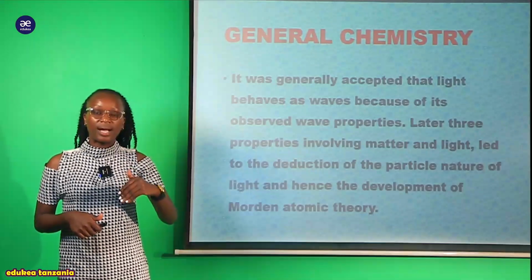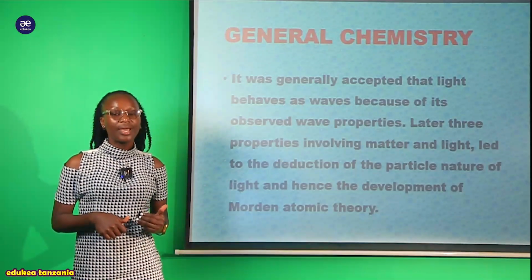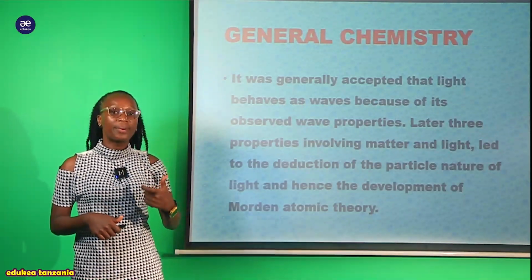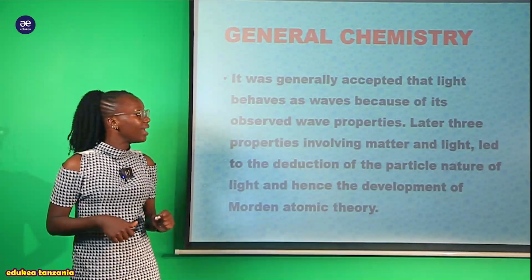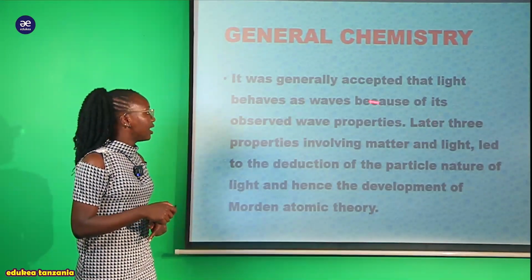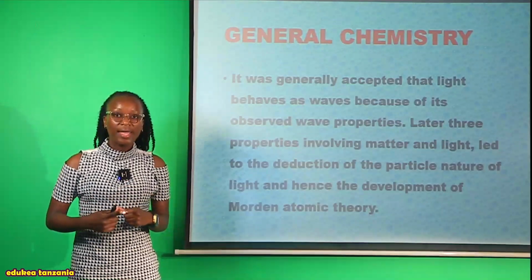Hasa tulisema kwamba light is one of the electromagnetic radiation, and when we come to electromagnetic radiation, we can see the properties of wave. So here tunakuja ku generalize kusema kwamba the light behaves as wave. Why?